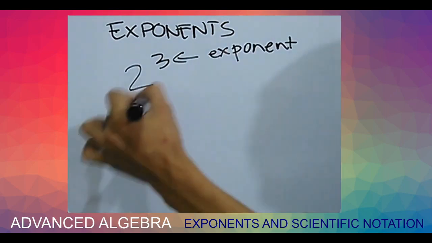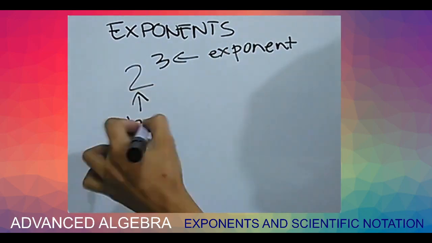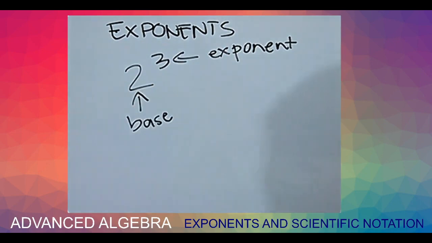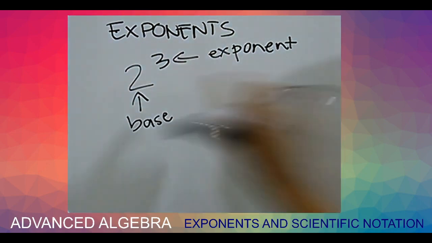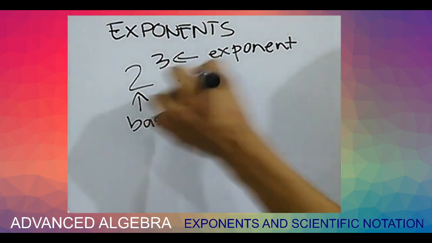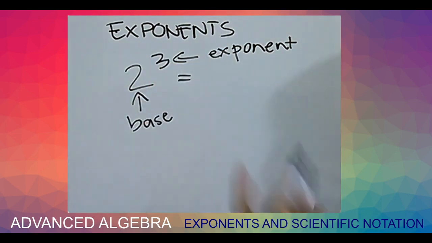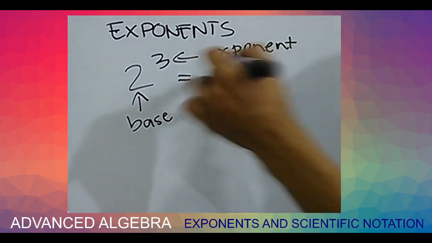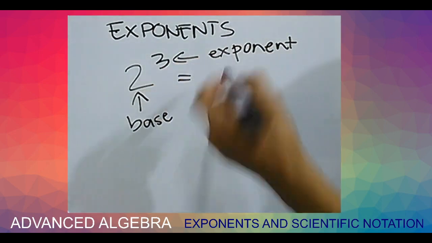Then si 2, siya naman yung tinatawag na base. Sa exponent, yung magsasabi kung ilang beses mong i-multiply sa kanyang sarili si 2. Pag inilagay natin equals, ilang beses mong itatimes sa kanyang sarili si 2? 3 beses, pag base tayo sa exponent.